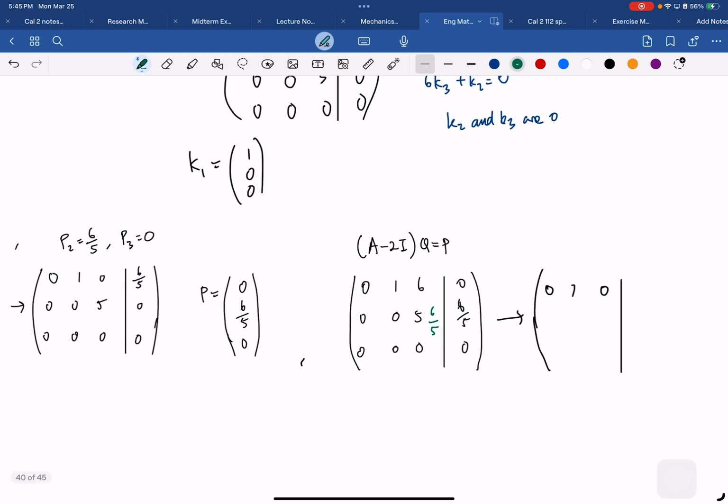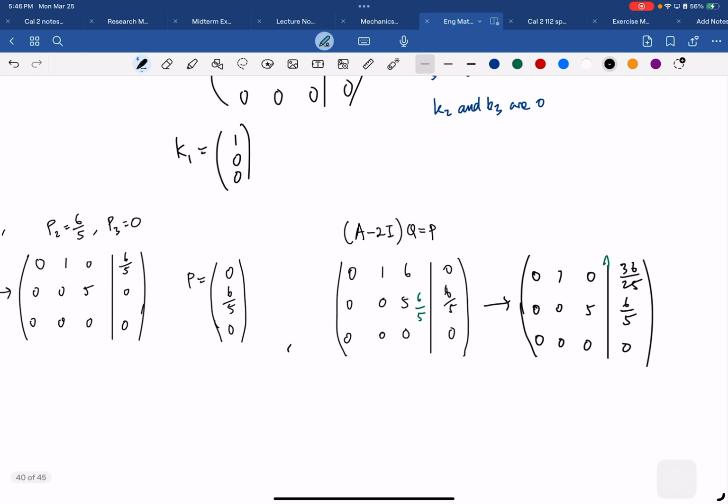So 0 minus 36 over 25. Well, my combination is not really good. 6 over 5. And I think the Q2 can be 6 over 25.